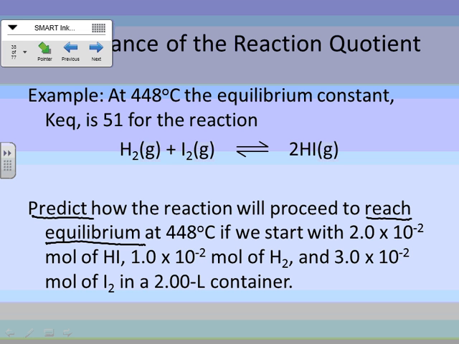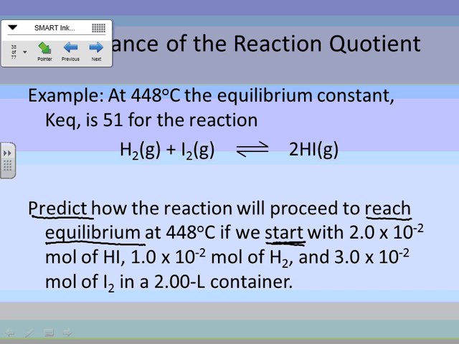And then another key word here, if we start with, right? These are our starting concentrations, not our equilibrium concentrations. So they're giving us three amounts here. We have to calculate the concentration, but it shouldn't be that difficult. And then we need to use that to find our Q, all right?